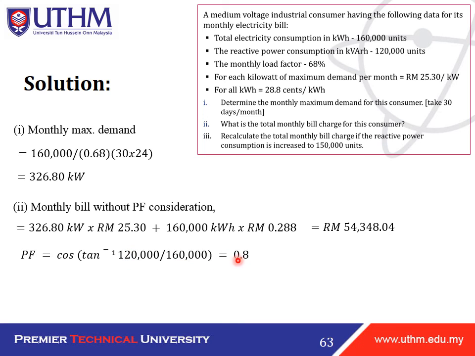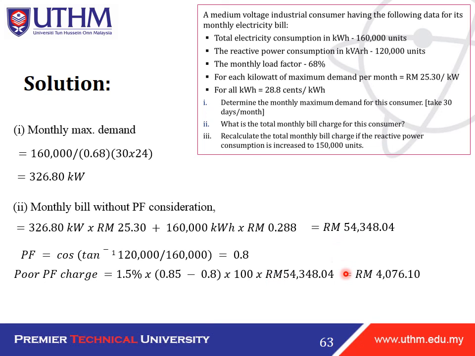And then using the power triangle, we get a new power factor: tangent is the reactive power divided by the kilowatt hour, and then we got 0.8. So we have the poor power factor charge. The power factor is 0.8, so we need to charge 1.5% times 0.85 minus 0.8 times 100 times the bill, and then we got the charge is RM 4,076.10.